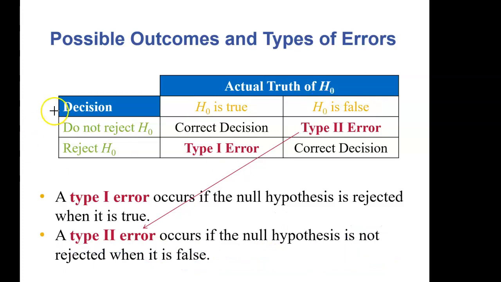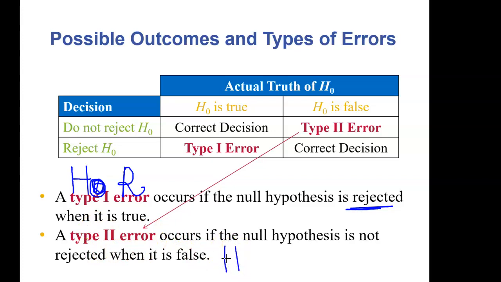The easiest way I like to remember my type 1 and type 2 errors: type 1 is when my null hypothesis is true, right? And what do I do? What's my keyword? I reject. What is my type 2? When null hypothesis is false. So when null hypothesis is false, what is true? Alternative is true.